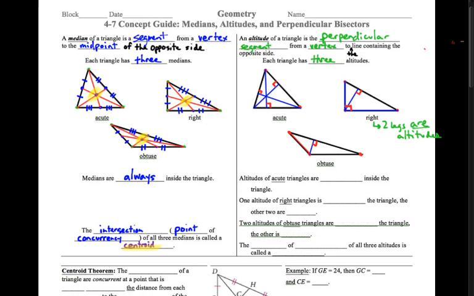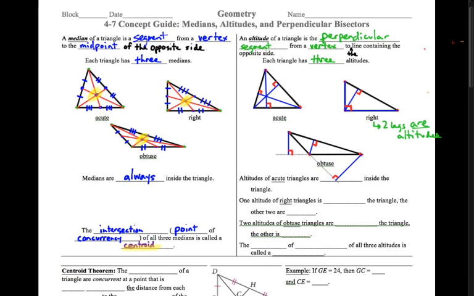Okay, so we have to extend the side. You have to extend the side here in order to come up with a segment that's perpendicular. It'd be right about in there. There it is. It's perpendicular. Likewise, from this one over here, nowhere inside is it perpendicular, so extend the side. There is the segment that is perpendicular.